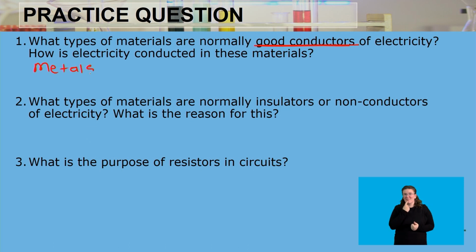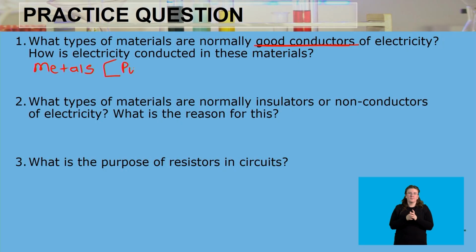Metals are the good conductors of electricity. We can give examples, let's just give two: pure silver and gold. Those are good conductors of electricity.